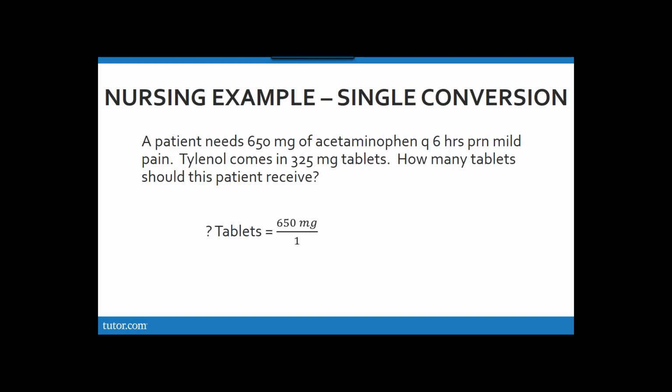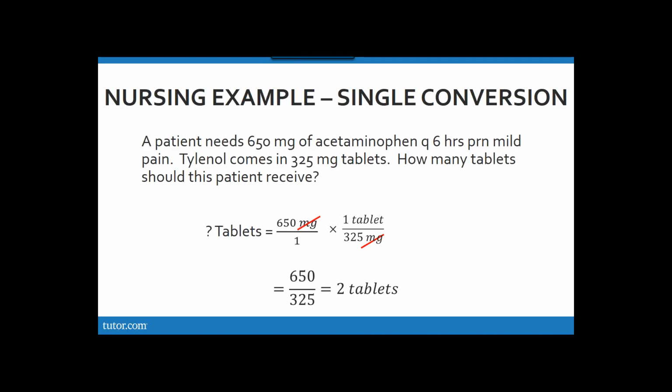We just want to make sure, again, that we list the units in an order so that milligrams will cancel out. And so as we write that conversion factor, that lets us know that milligrams should appear in the denominator of that conversion factor, while tablets remain in the numerator. That allows us to cancel milligrams in the numerator and denominator, leaving the unit that we're interested in, tablets.